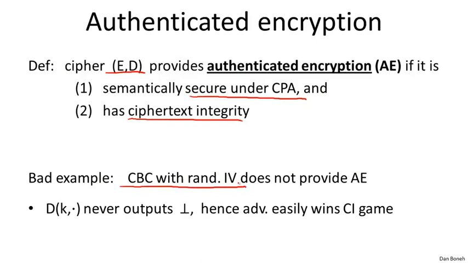The adversary simply submits a random ciphertext, and since the decryption algorithm for CBC encryption never outputs bottom, it always outputs some message, the adversary just easily wins the game. Any old random ciphertext will decrypt to something other than bottom, and therefore the adversary directly wins the ciphertext integrity game. So this is just a trivial example of a CPA secure cipher that does not provide authenticated encryption.